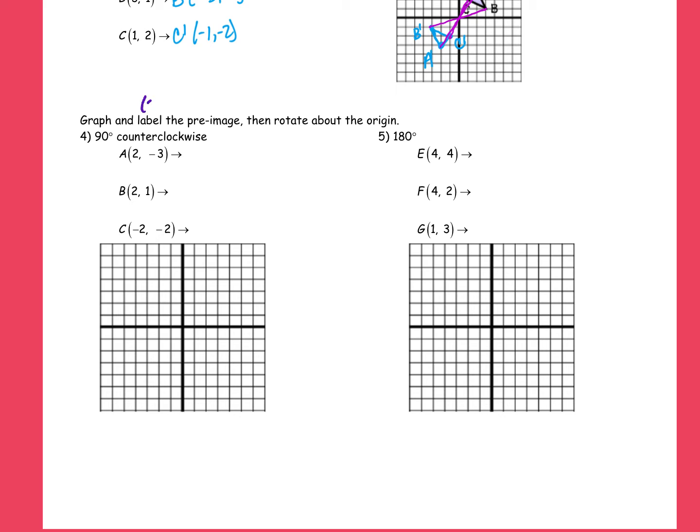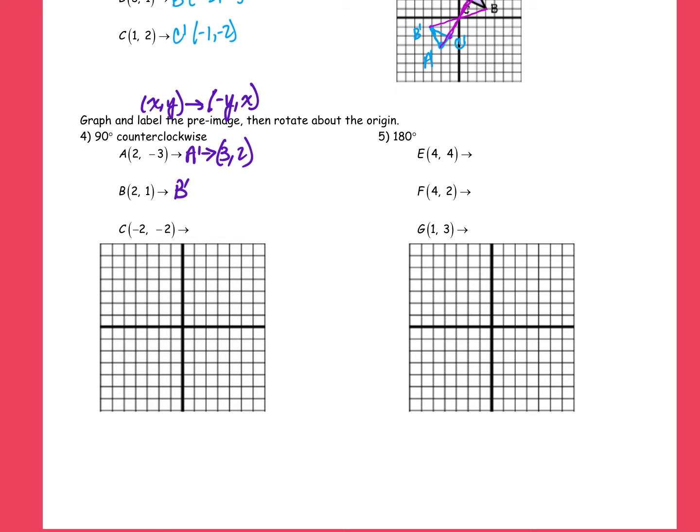Change which sign? I change Y. I switch my X and my Y, right? And I change the sign on my Y. So A prime becomes 3, 2.